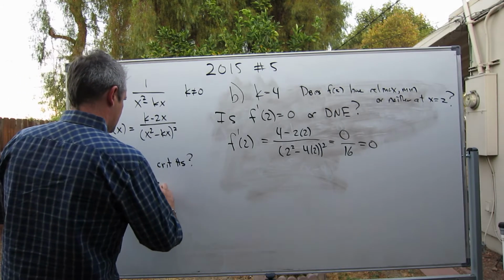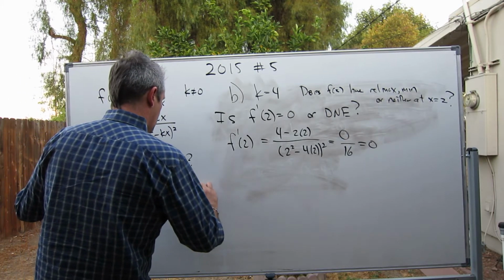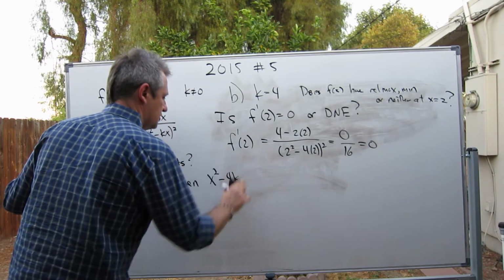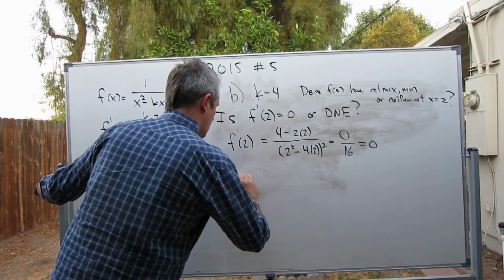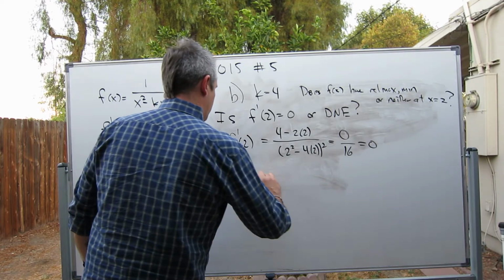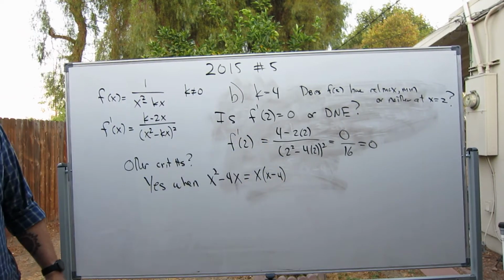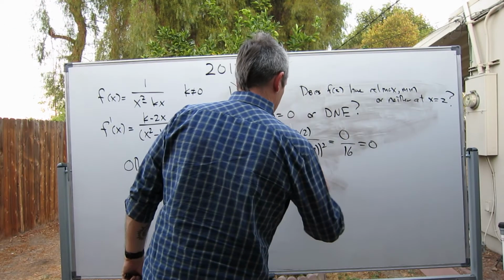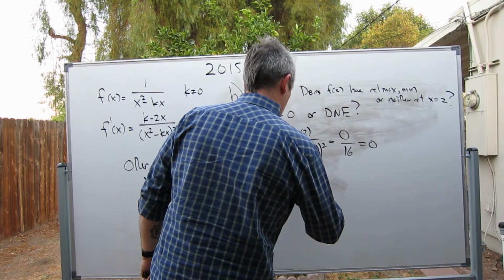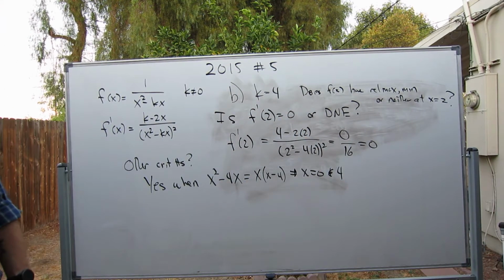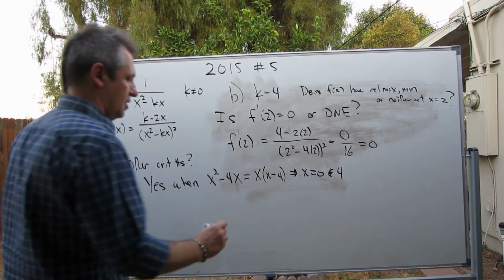So yes, when x squared minus 4x equals 0, which happens, I believe, x times x minus 4, which happens at 0 and 4. So now I know what my number line should be. My number line should look something like this.